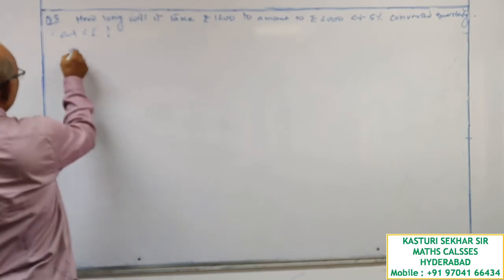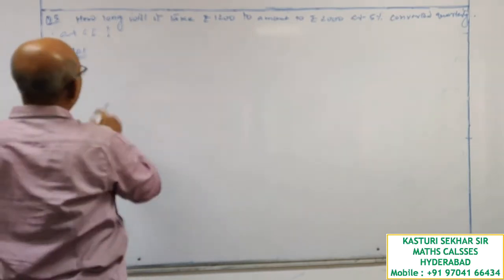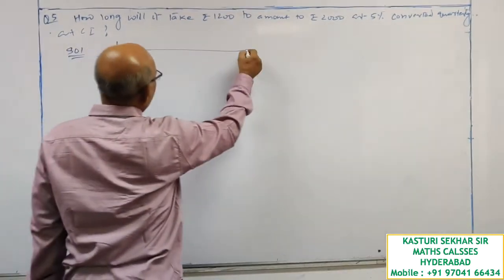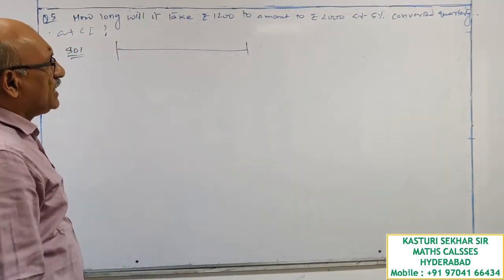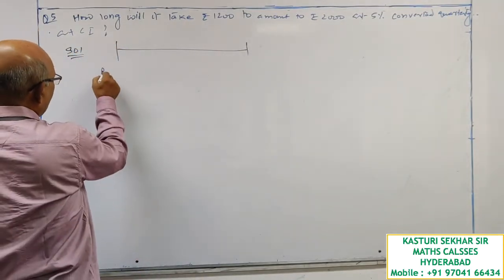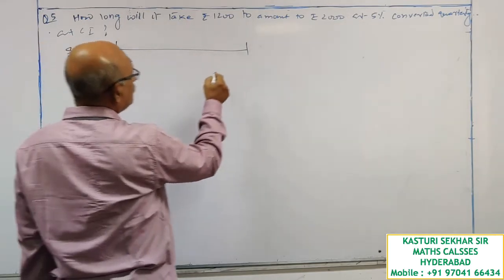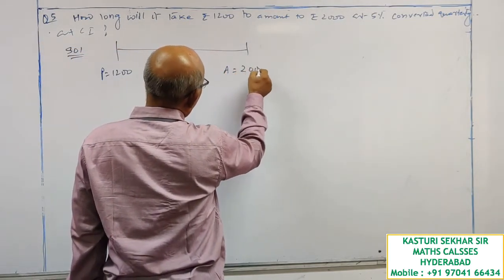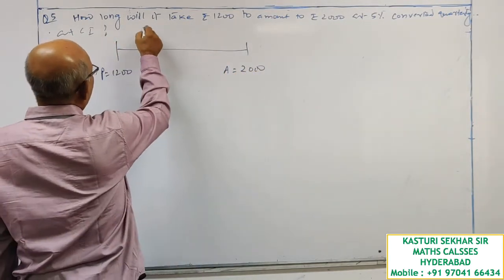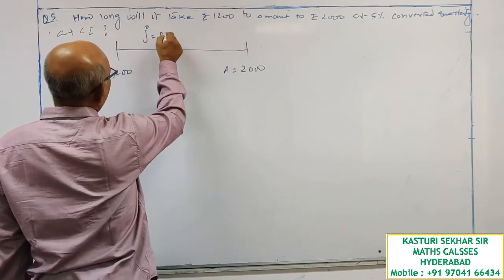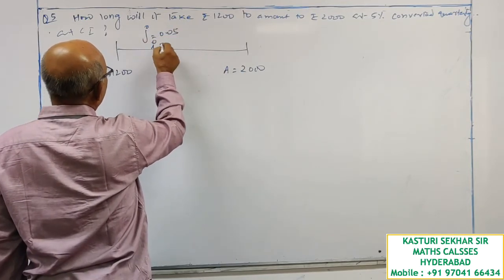Now look at this solution. On a time scale diagram, if I represent the information, principal is equal to 1200, amount is equal to rupees 2000, nominal rate of interest is 0.05.